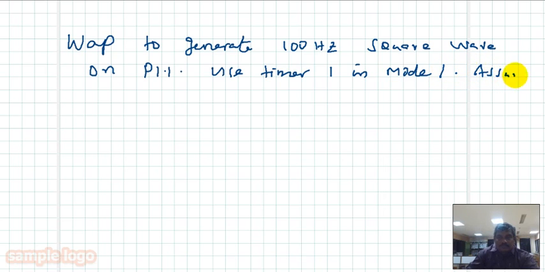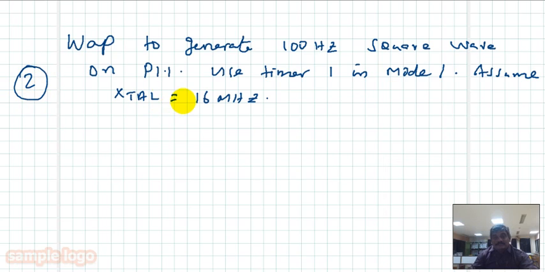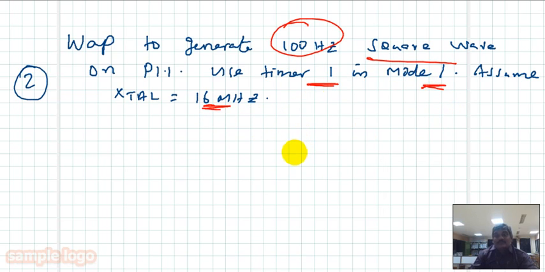Assume XTAL is 16 megahertz. So this is problem number 2. See the question, and again the question is the generation of a square waveform, but the frequency is different. Now you are using timer 1 in mode 1, and your frequency also will be different.